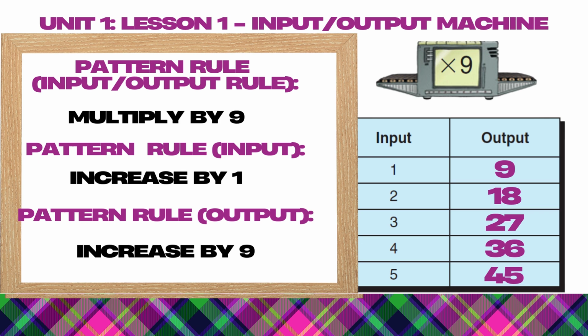The output pattern rule is to start at the number 9 and increase by 9 each time. And if I take my very first input number, which is the number 1, if I multiply that by 9, my output is 9. If my input is 2, when I multiply that input by 9, the output will be 18.